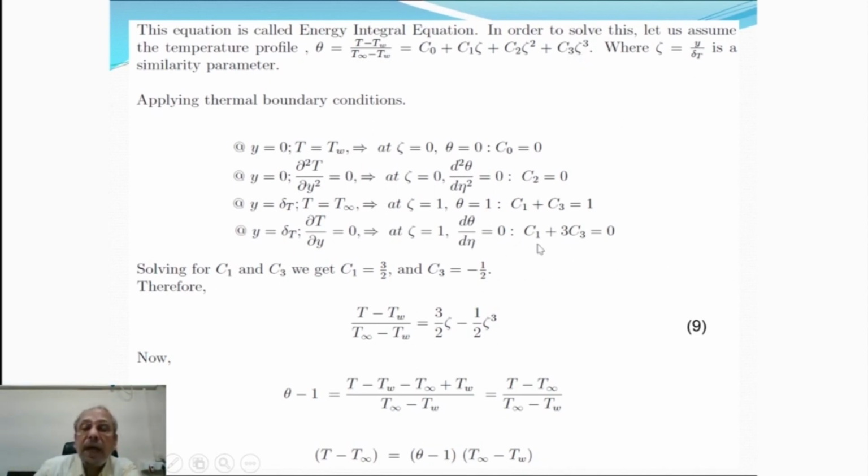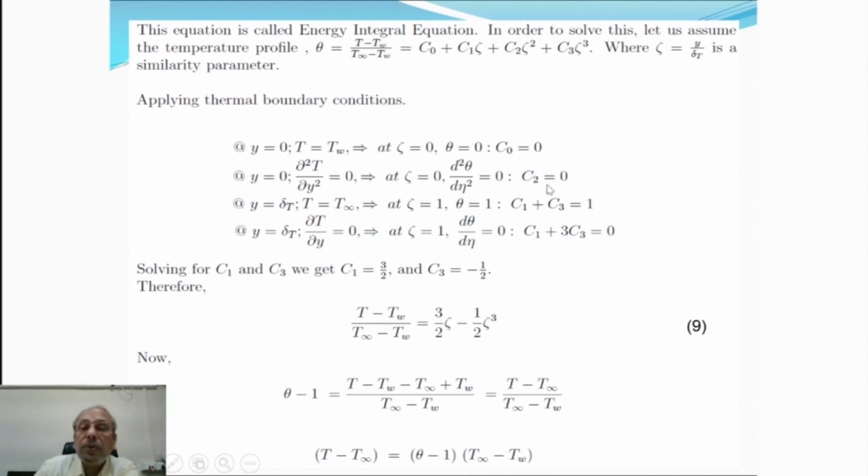For xi equal to 1, it is C1 plus thrice C3, and that is equal to 0, since d theta d xi equal to 0. So C1 plus thrice C3 equal to 0.